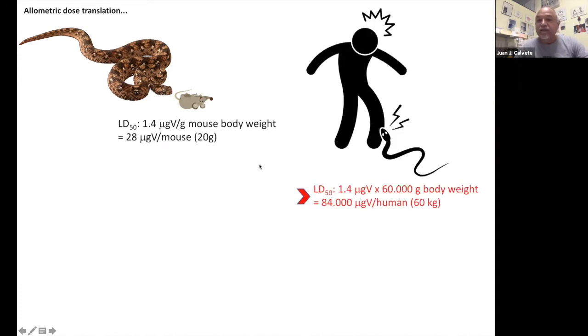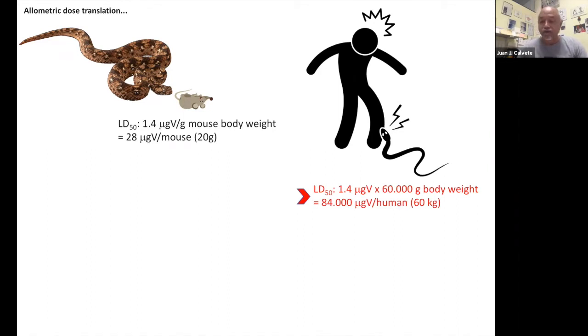If you translate this linearly, this means that you would need 1.4 times 60,000 grams of body weight. This means 84 milligrams of venom for killing half the population of humans of 60 kilograms.